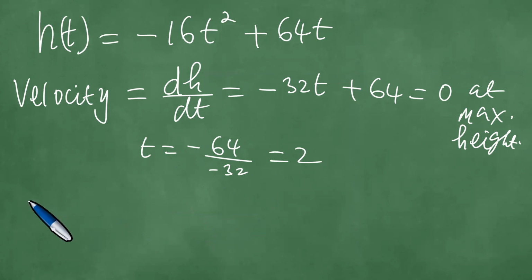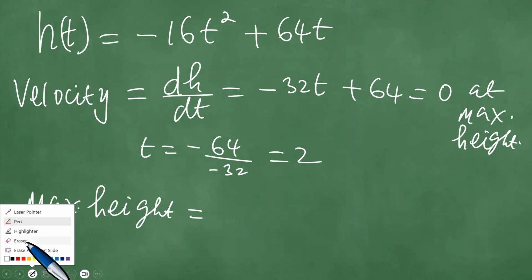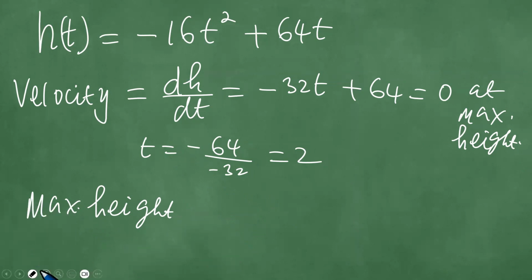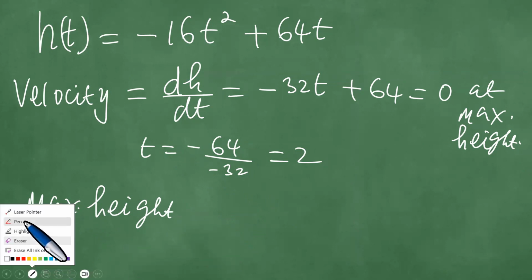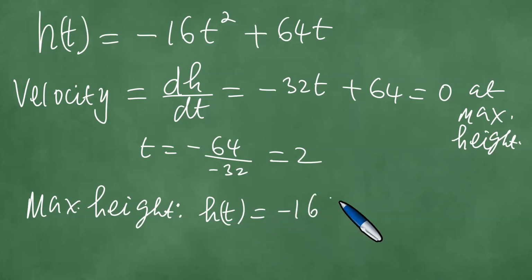Maximum height. So you actually have that h of t is minus 16t squared plus 64t.